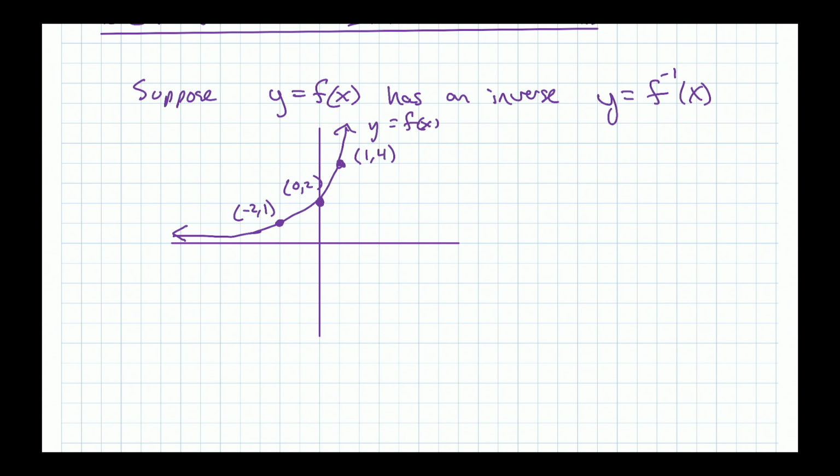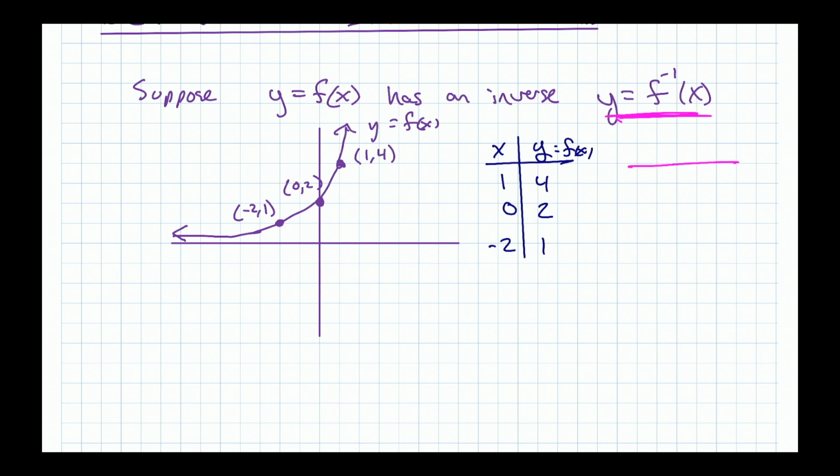Then you've got this function, y equals f inverse of x. The key thing to know about these two functions is that for the original function y equals f of x, you have the x and y values 1, 4, 0, 2, negative 2, 1. That's for f of x.